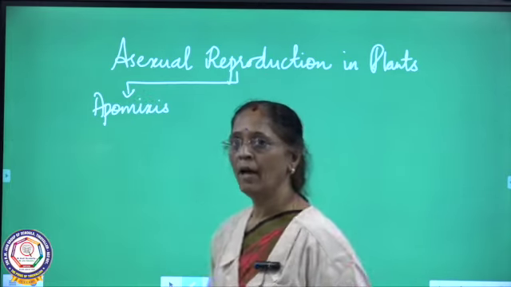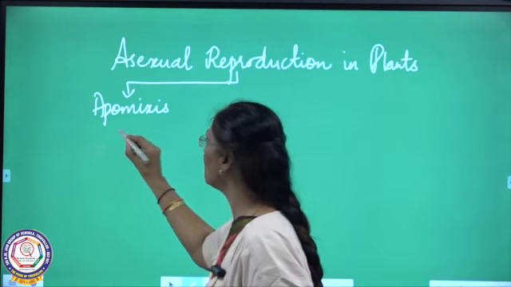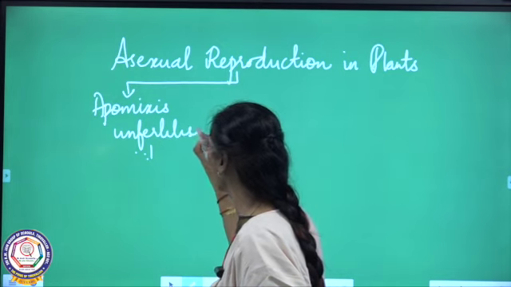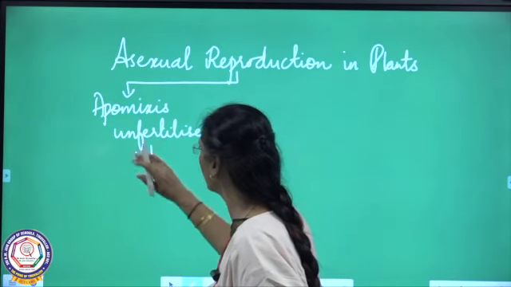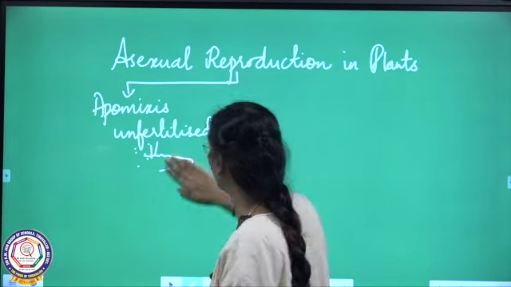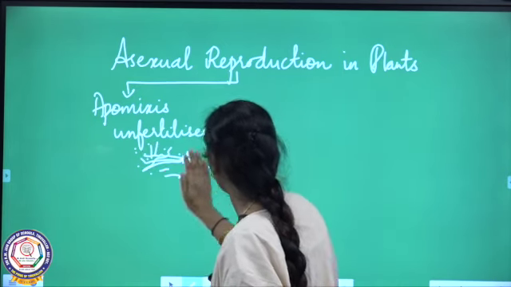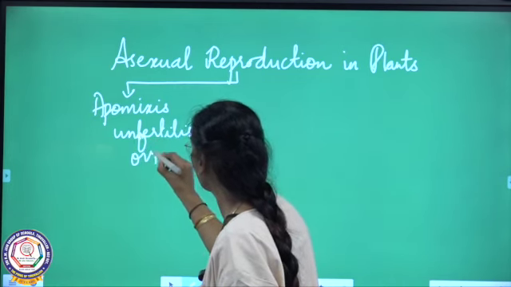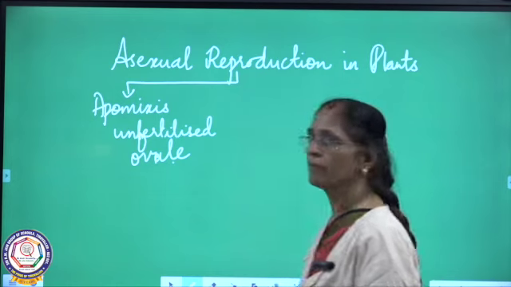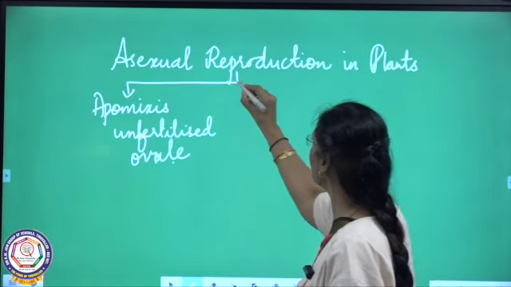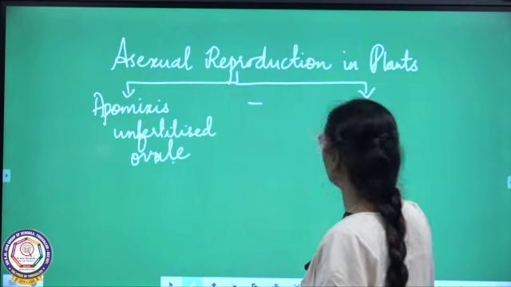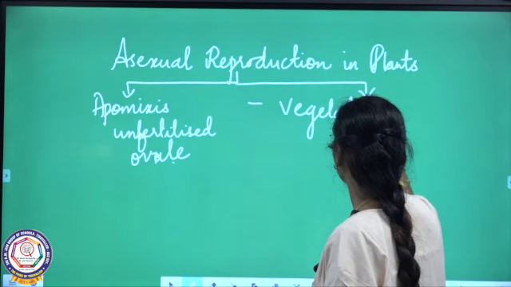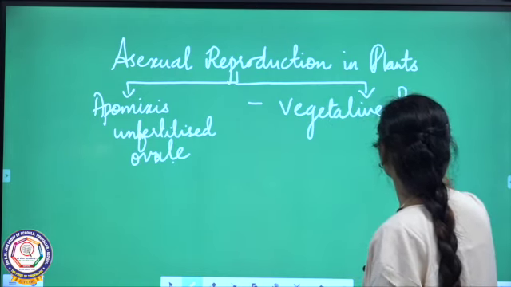Here, an embryo is formed from an unfertilized ovule. And the second kind of asexual reproduction which we find in plants is what we call vegetative propagation.